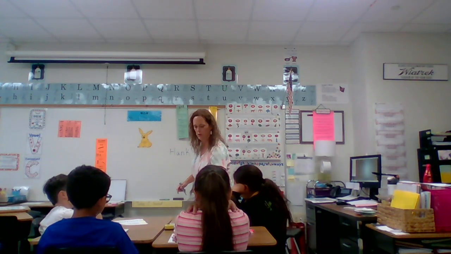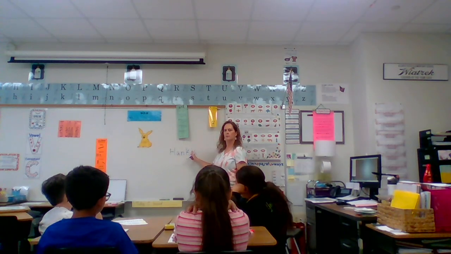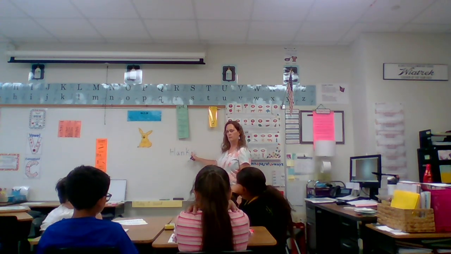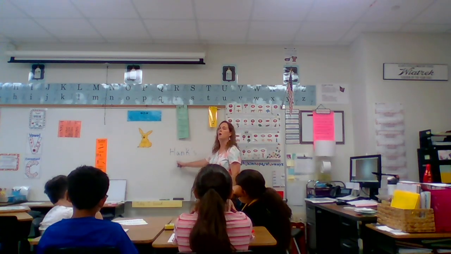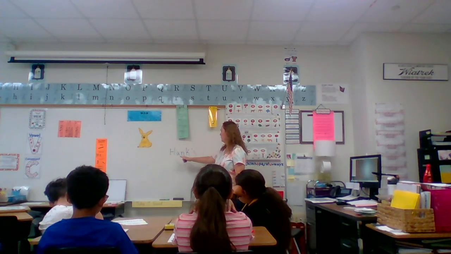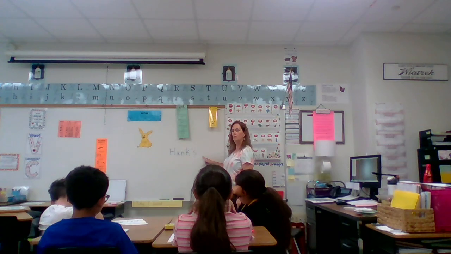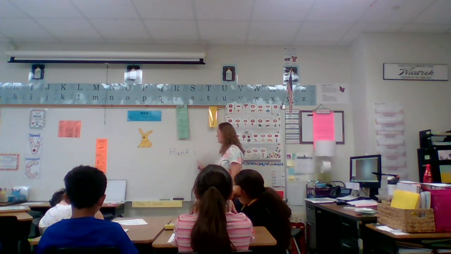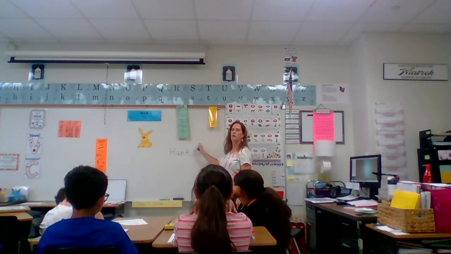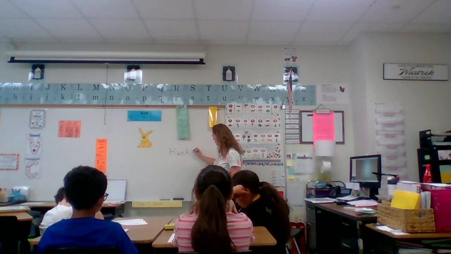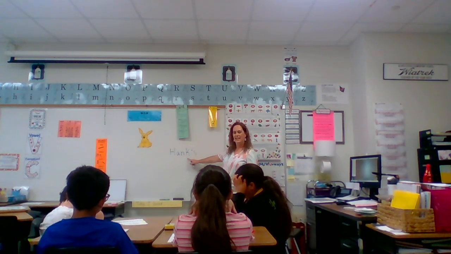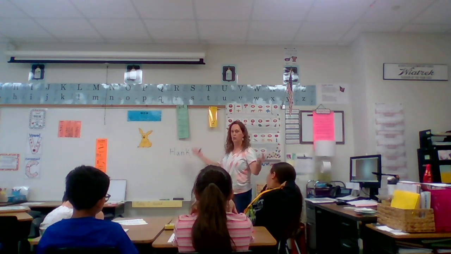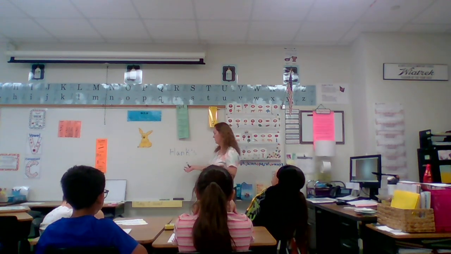What do we do with that apostrophe? So the apostrophe is there to show ownership. So for Hank's, that means something is going to be belonging to Hank. Apostrophe S means Hank has something. We're going to read to find out what Hank has.